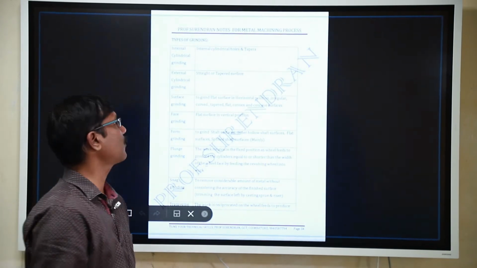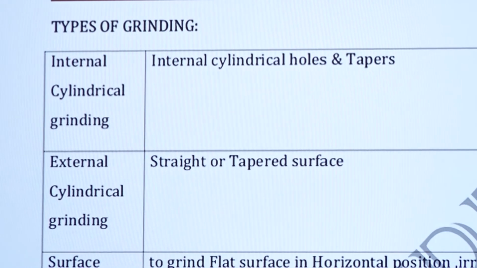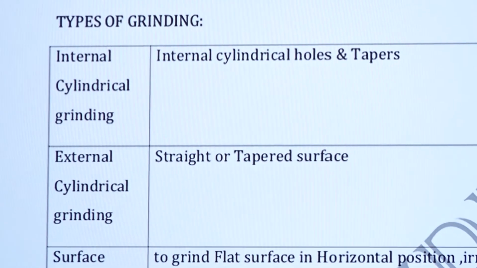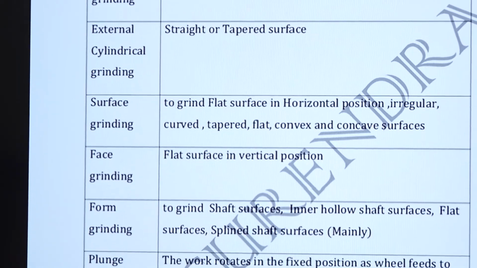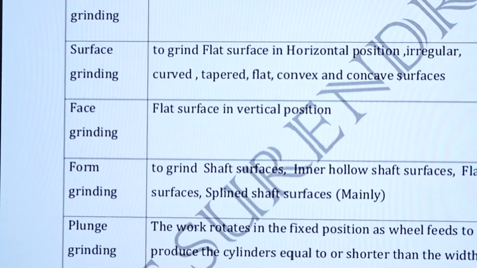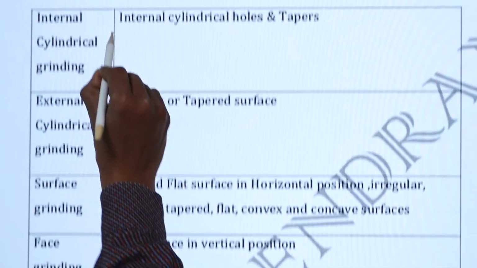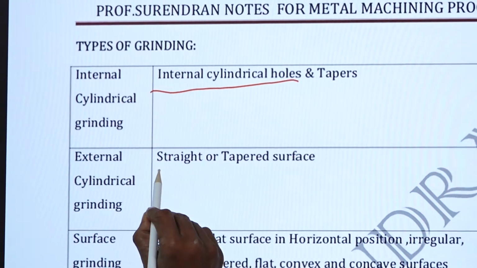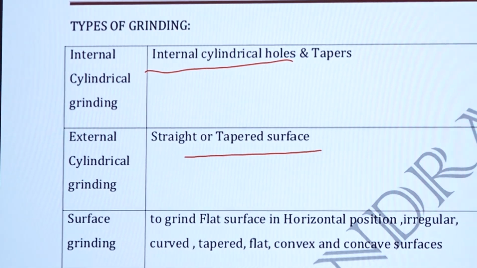Next, we have the types of grinding: internal cylindrical grinding, external cylindrical grinding, surface grinding, face grinding, form grinding, plunge grinding, snag grinding, transverse grinding. Internal cylindrical grinding means internal cylindrical holes can be made. External cylindrical grinding produces straight or tapered surfaces.